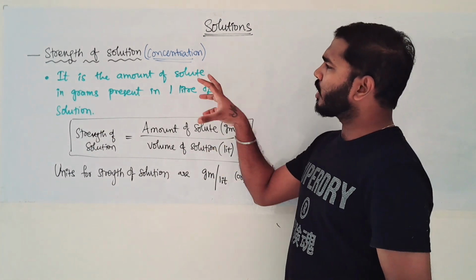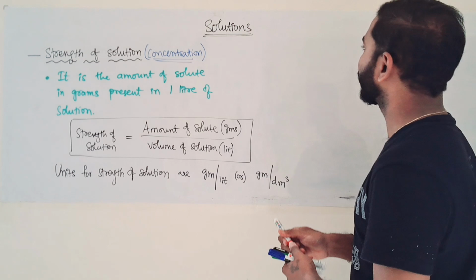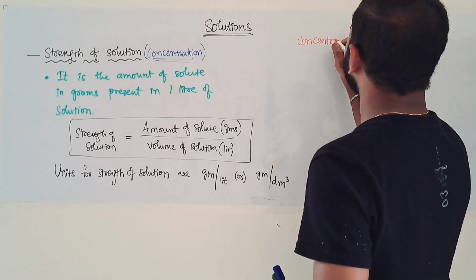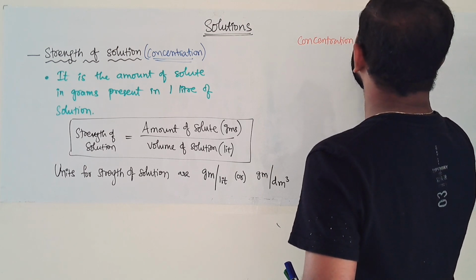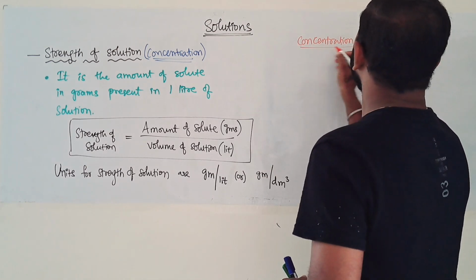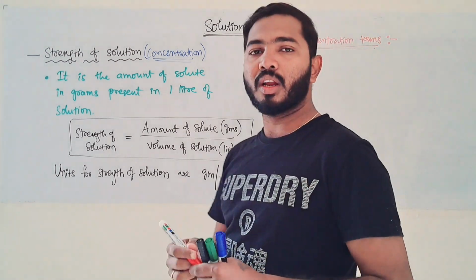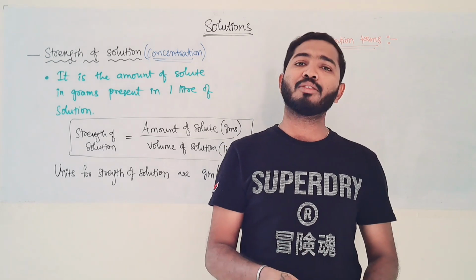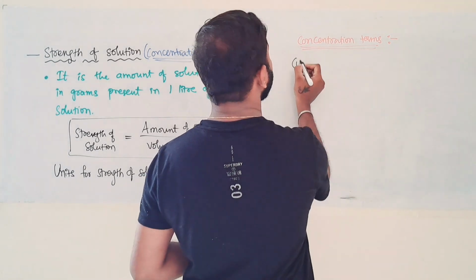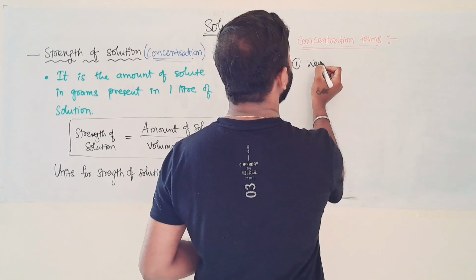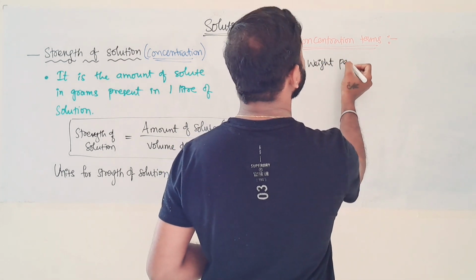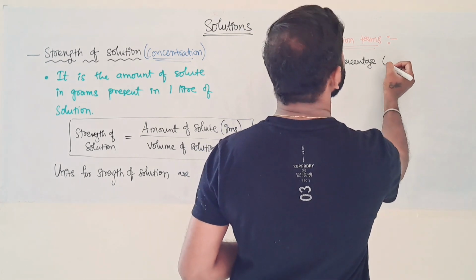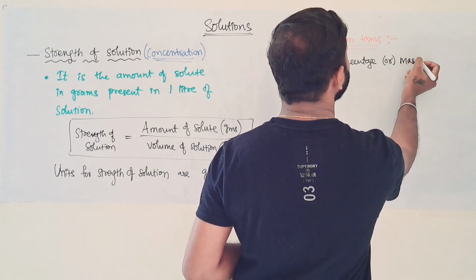Now in general we have many concentration terms. Let me write them down here. Concentration terms. What do you mean by concentration terms, sir? Generally, the terms used to define the concentration. Let me give you the list here. That is the weight percentage, also called mass percentage.